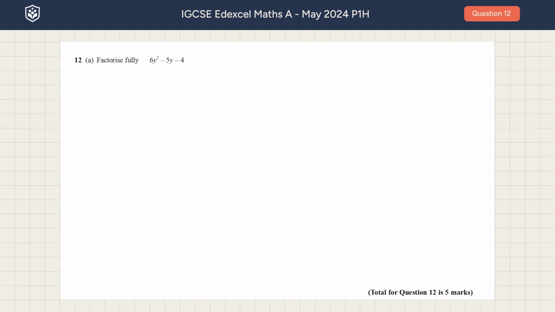Question 12 asks us to factorize an equation. To fully factorize the expression, we can use the method of splitting the middle term. First, multiply the coefficient of the squared term by the constant term, which gives 24.